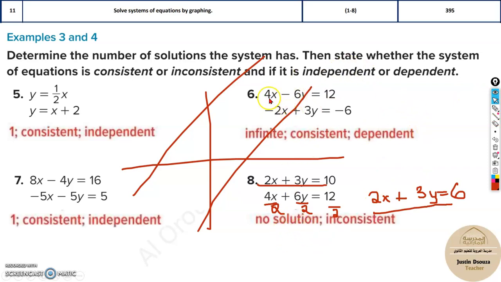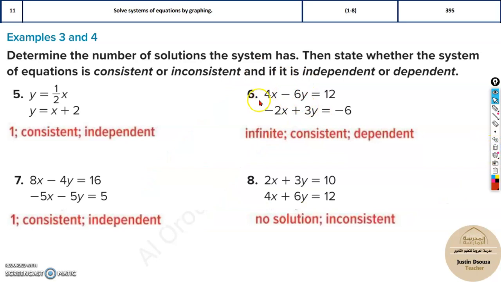Whereas over here, if you simplify these two equations, try it by yourself, divide everything by 2, and then because it's minus x, just divide by -2, then compare, and you will get the same equation. So this is it.